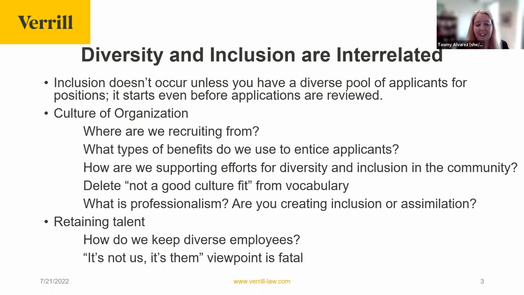So here's the thing that it is really important for all of us to remember. Inclusion doesn't occur unless you've got a diverse pool of applicants for positions. So it starts even before applications are reviewed. But in order to have a successful diversity and inclusion program, you have to have a culture within the organization that is going to permit this type of environment to occur.